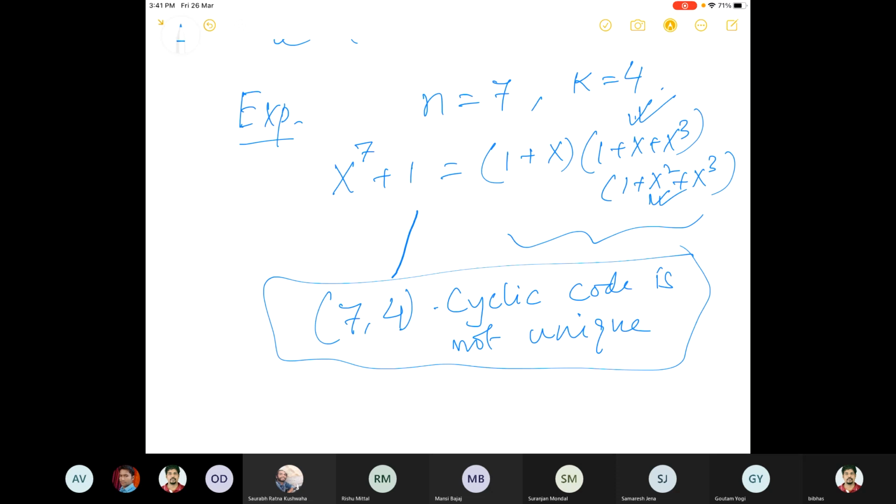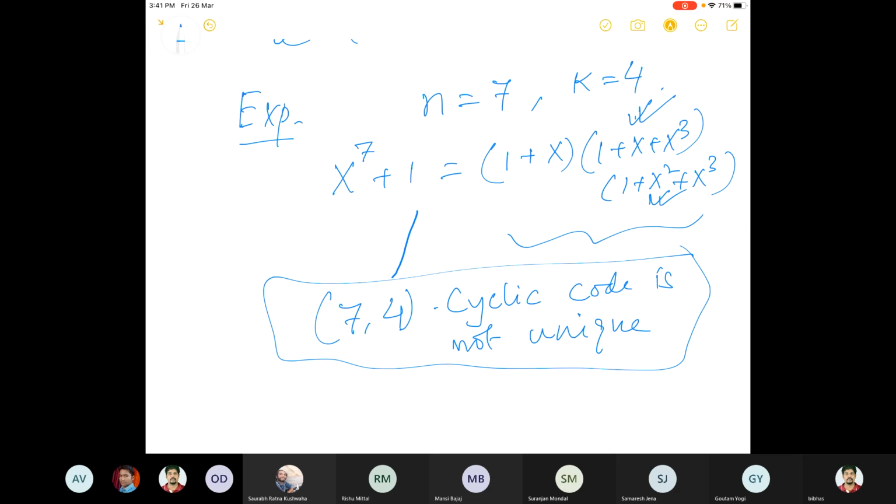Multiplication of polynomials means you have to multiply the coefficients, so you have to perform addition and multiplication. From the perspective of coding design, that has to be smooth enough so that you have a less complicated circuit for the design of this cyclic code.